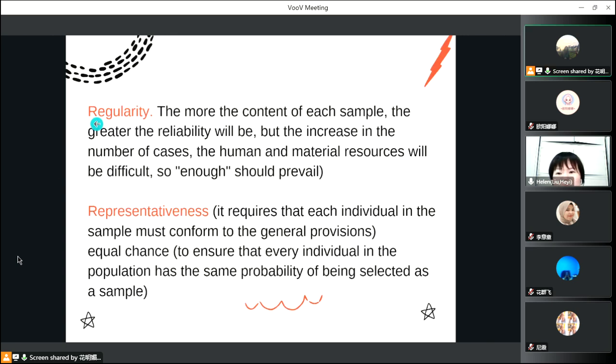And then the second is regularity. The more the content of each sample, the greater the reliability will be. But with the increase in the number of cases, the human and material results will be difficult, so enough should prevail.